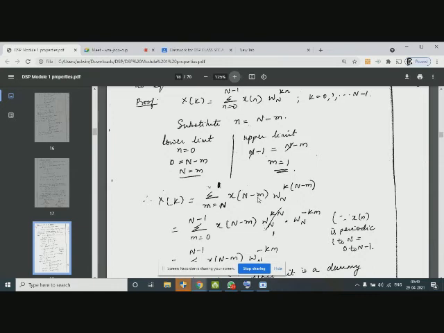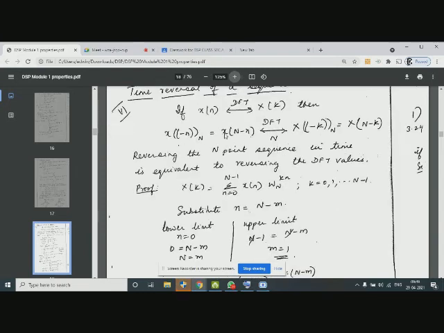If you ask me, ma'am, suddenly why are you introducing another term? Why are you changing the limit? Because I want to consider the periodic extension and I want these terms in the question. Whatever is there, you look at this expression. I want all these terms to be present. So I want N minus n, I want N minus k, capital N minus k and capital N minus n.